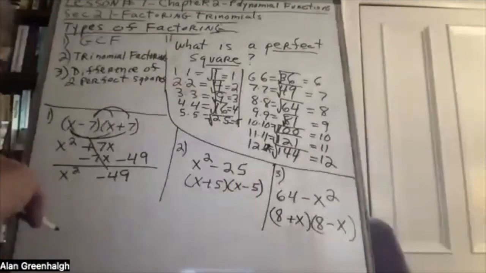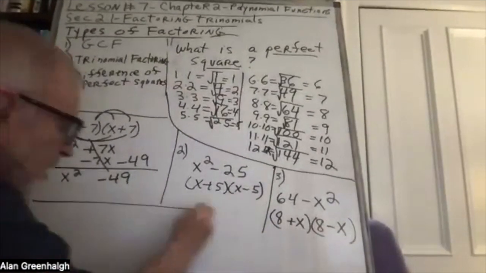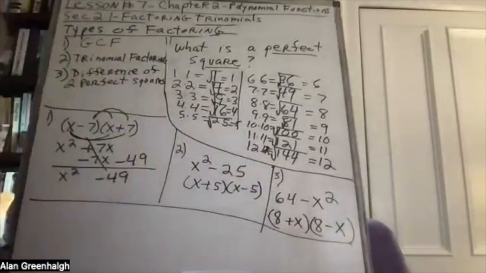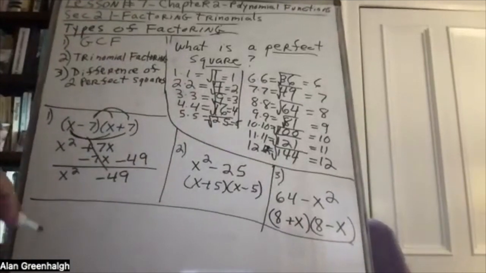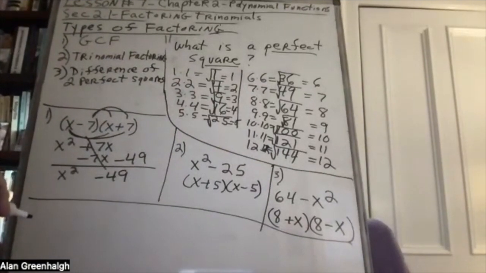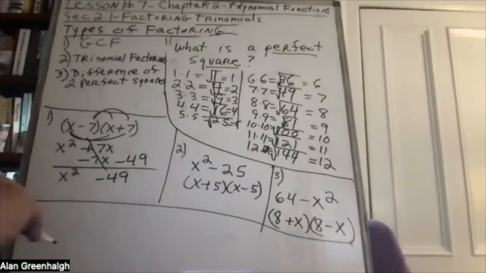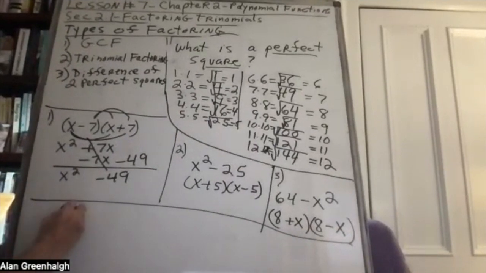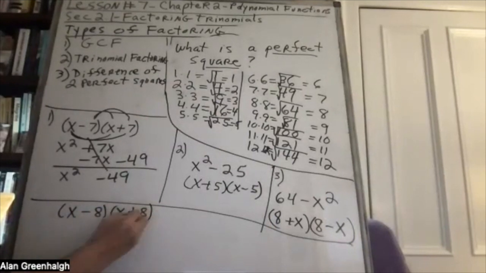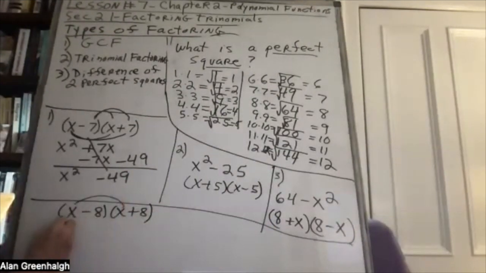Question. You understand? I have a question. Yes. What if you did x minus 8 and then x plus 8? The check, right? I mean, you have to go through the check, make sure you got the right thing here, right?